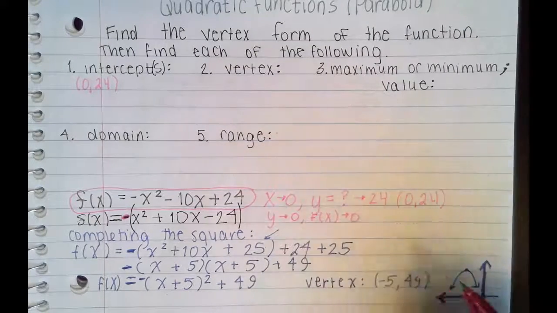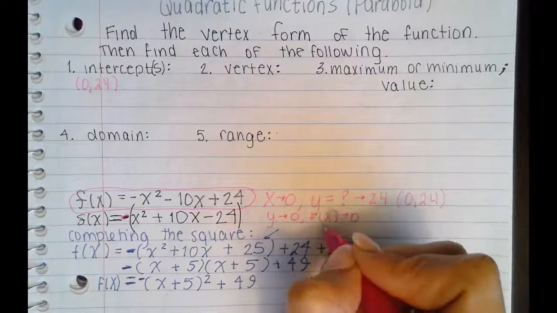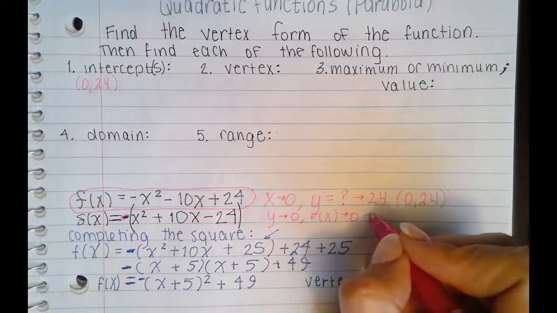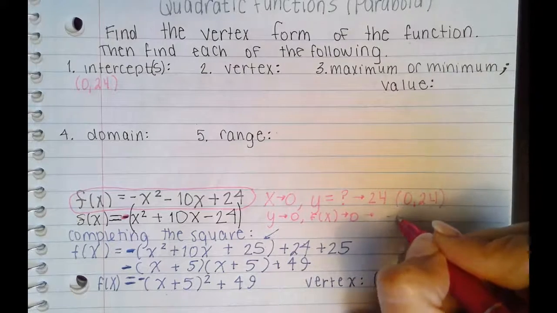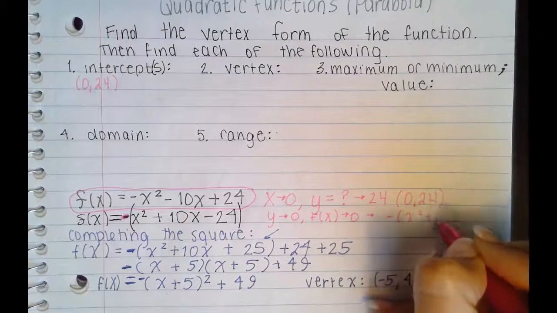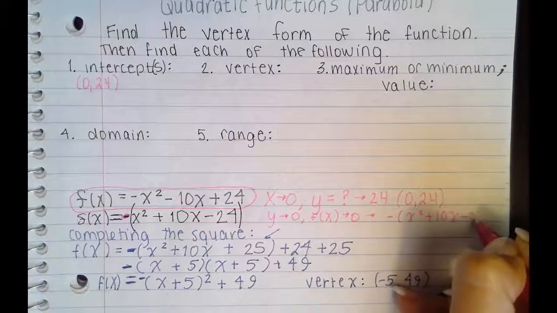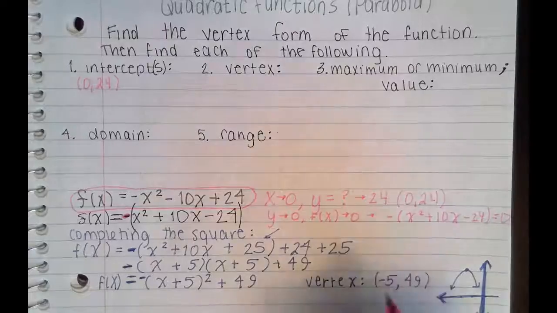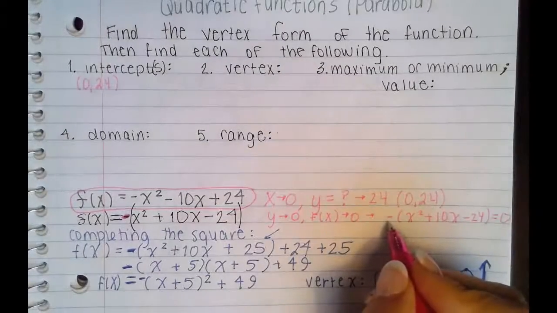Okay? Now, from there, what does that give us? We'll have negative x squared plus 10x minus 24 is equal to 0. Now, this negative doesn't matter. I could divide by the negative, it will be gone. Because if you flip a parabola over, you're flipping it over the x-axis, your x-intercepts don't change.